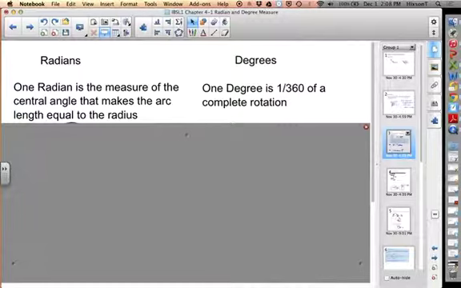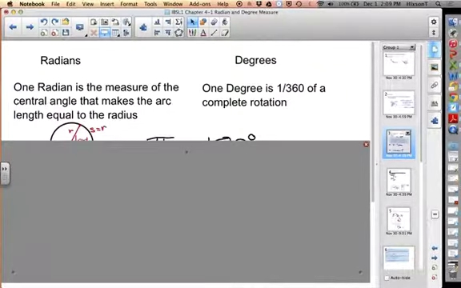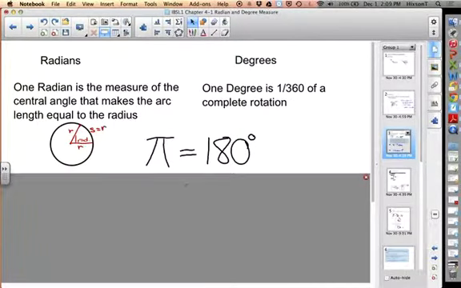A radian is the measure of a central angle. Remember, that's an angle in a circle where its vertex is right on the center of the circle. It's the measure of the central angle that makes the arc length equal to the radius. Alright, now here's a little picture that'll show that. Here's 1 radian, okay? These r's are the radii.